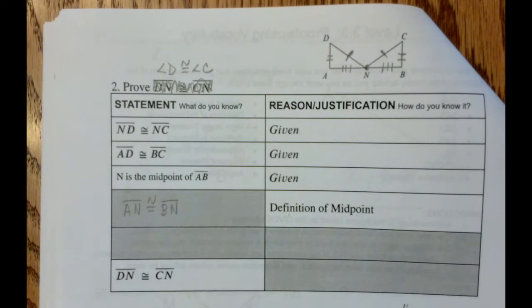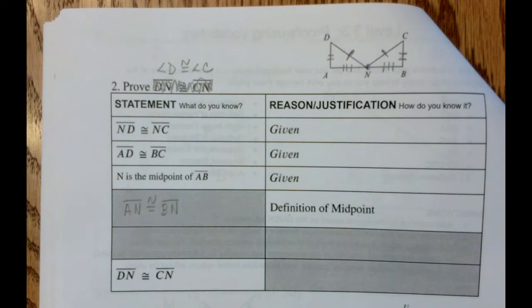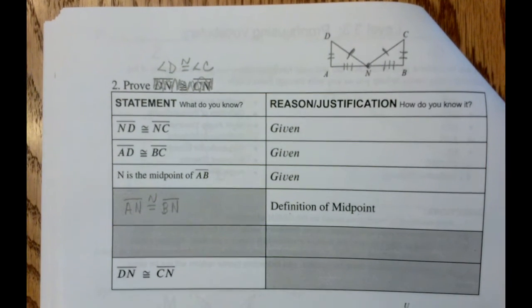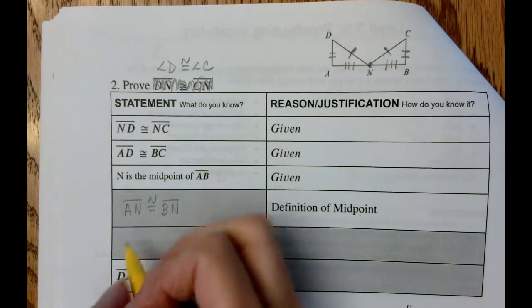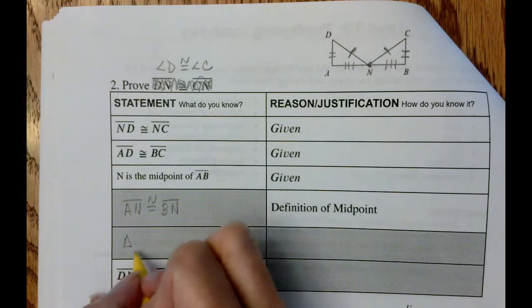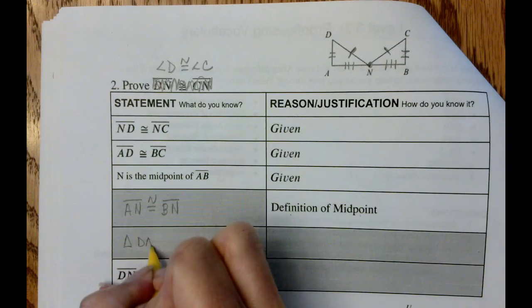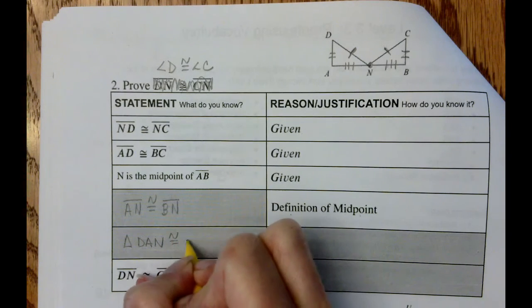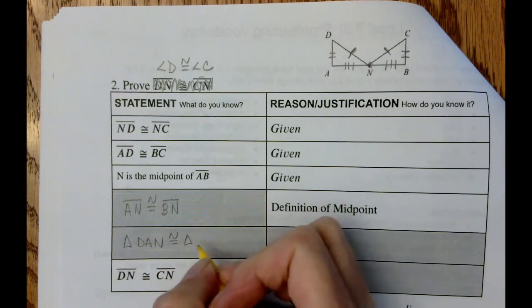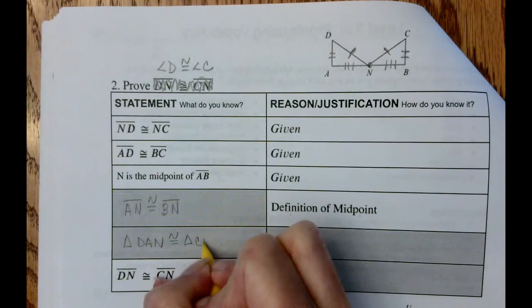And consequently, what that allows us to do is to talk about the two triangles, the triangle to the left and the triangle to the right. And what we can say with regard to that is that triangle DAN is congruent to triangle CBN.